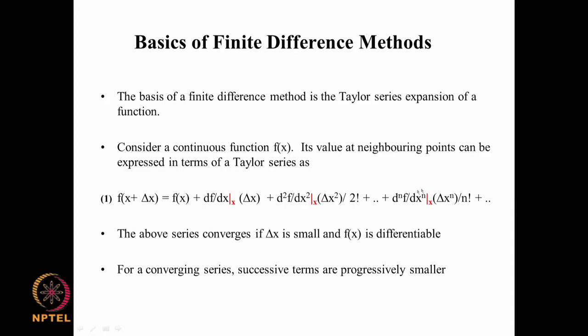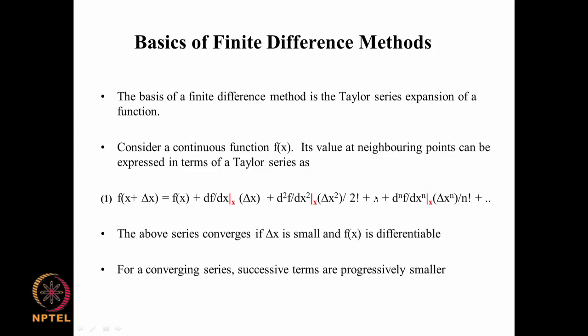So if it is a converging series, the second derivative term is likely to be larger in magnitude than the third derivative term. Okay, so that means that we are neglecting a larger amount of error with one sided differencing involving first order accurate schemes, whereas in the case of central differencing, it is the third derivative.